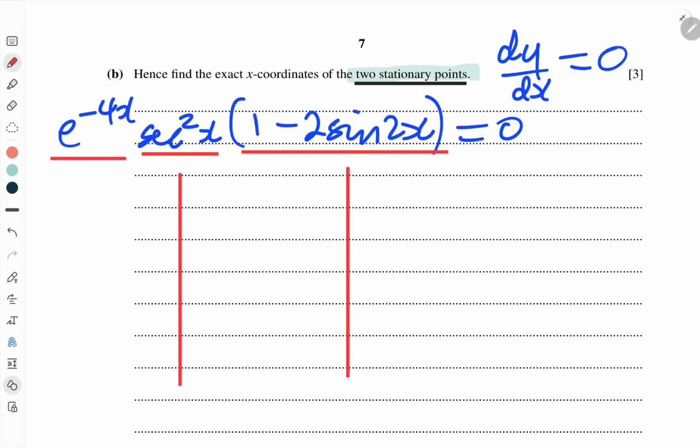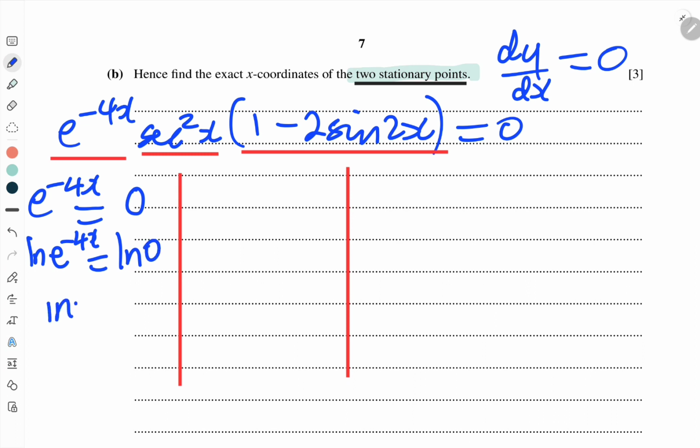All right, so let's start with the first one. E to the negative 4x is equal to 0. Apply the ln both sides. That's when we'll see that no, this is invalid because we don't have the natural logarithm of 0. So that one is gone. Then we shall also have sec squared of x being equal to 0.